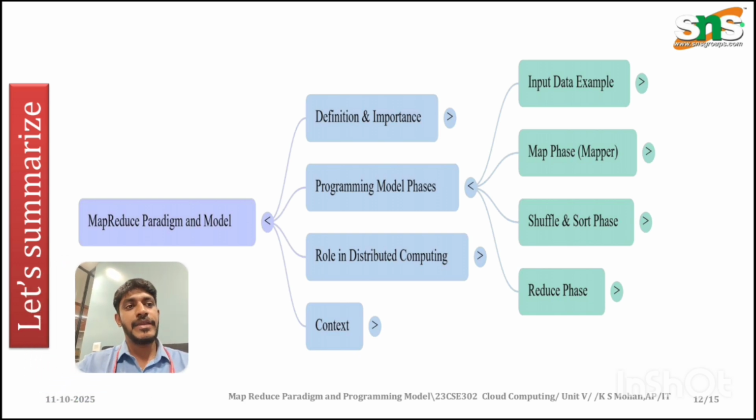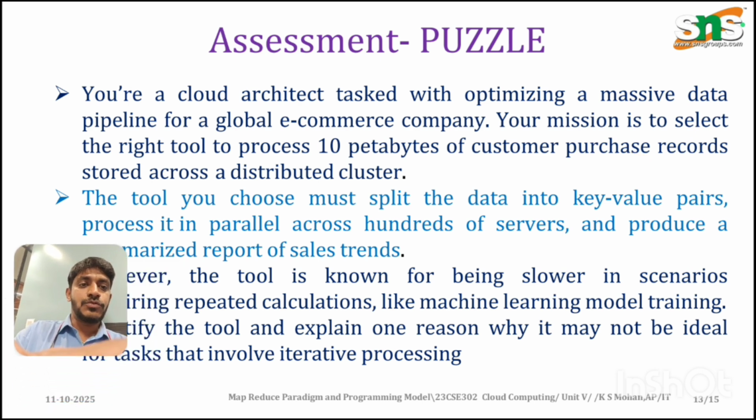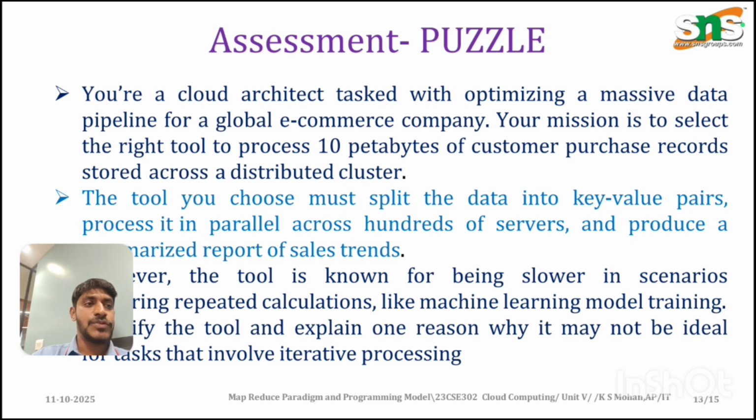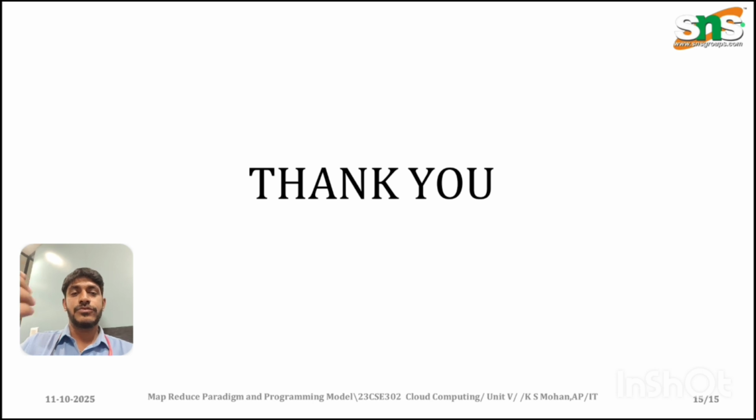The input data is given as in the example, and the mapper splits the huge values into small ones in the map phase. The shuffle and sort phase helps reduce unwanted data and improve privacy and security, and the time taken to complete the task is reduced. Then comes the reduce phase, which completes the MapReduce process. In the assessment puzzle, you must split the data into key values. These are the MapReduce puzzle and references we discussed in this topic.